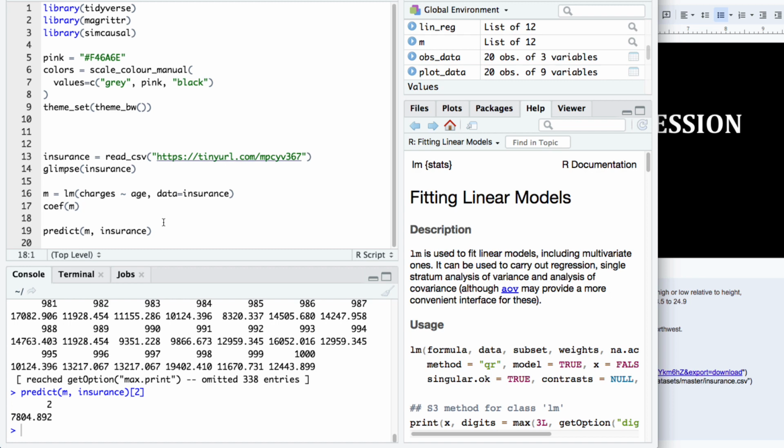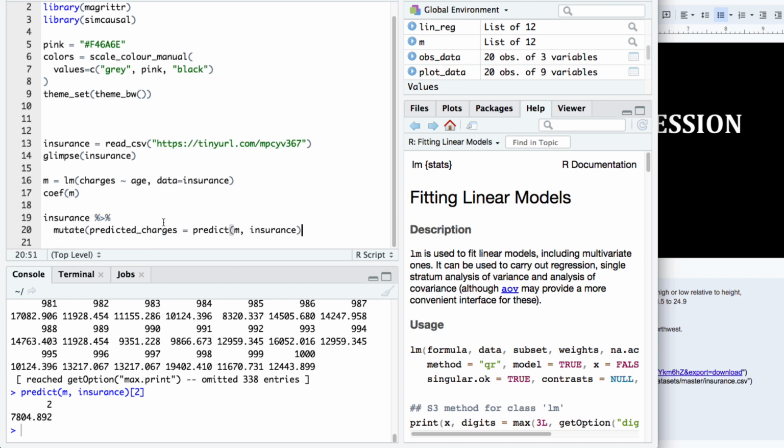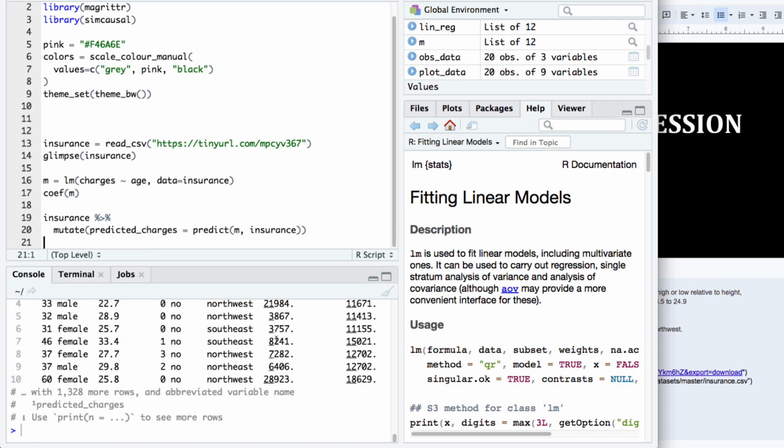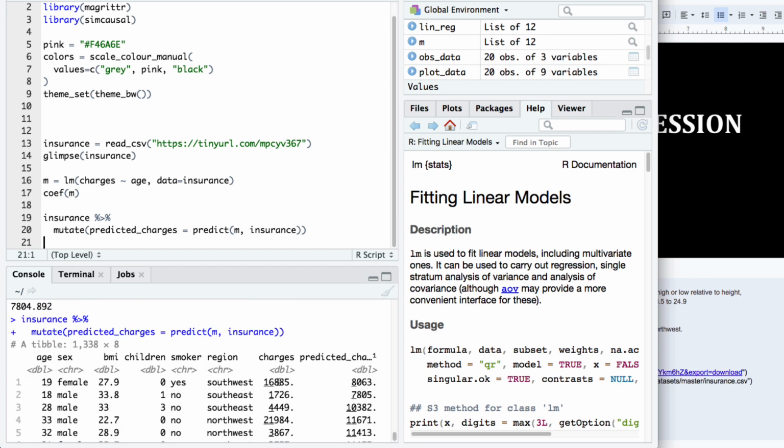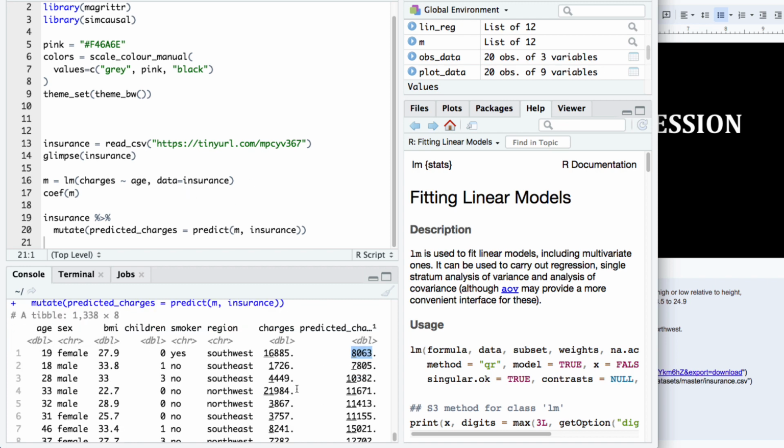If I want to, for example, do a mutate, do something like this. Okay. So here I have the actual charges, and these are the predicted charges according to our regression model. You can see that they're not perfect, right?